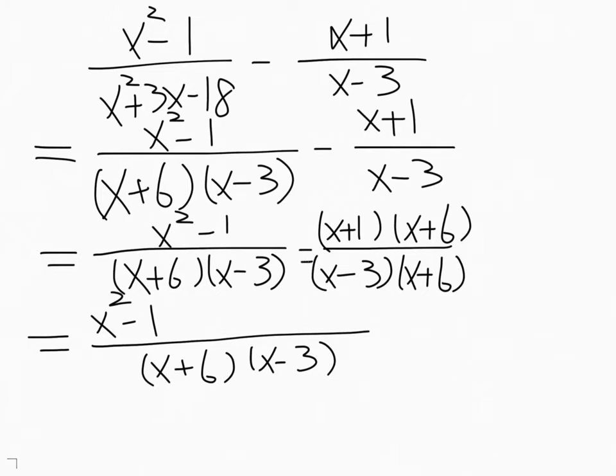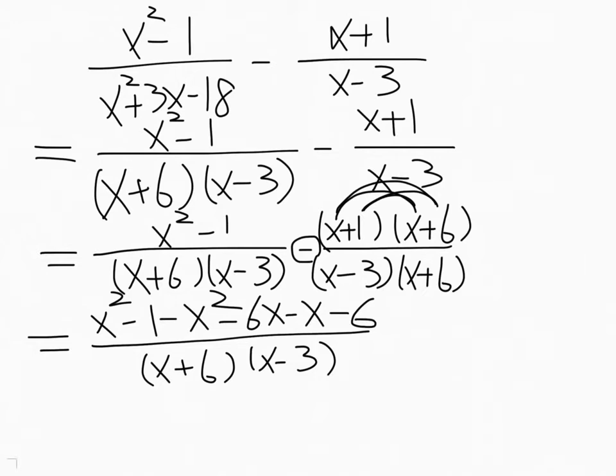Don't forget we have this subtraction sign here, so you have to distribute to every term. Negative x times x, that's negative x squared. Negative x times 6, that's negative 6x. Negative 1 times x, that's negative x. Negative 1 times 6, that's negative 6.